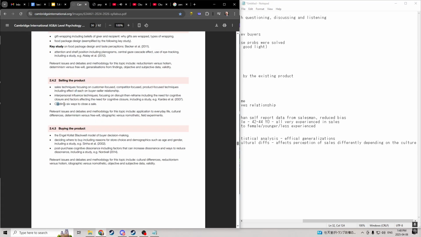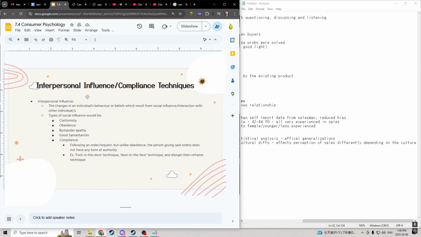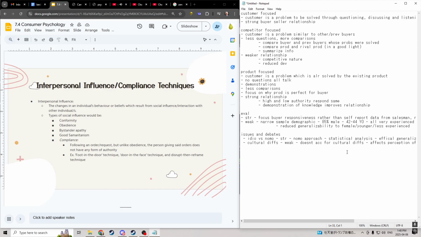So we did that. Interpersonal influence techniques. Of course. So, interpersonal influence techniques. Let's look at those. So, interpersonal influence is the change in an individual's behavior or beliefs which result from social influence or interaction with others.